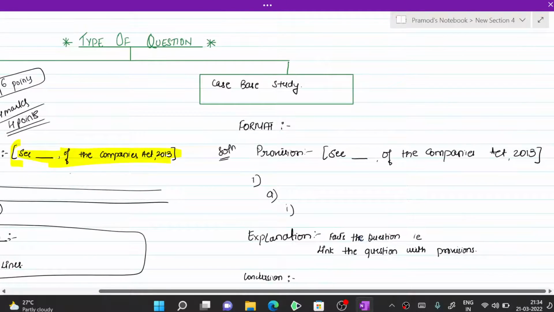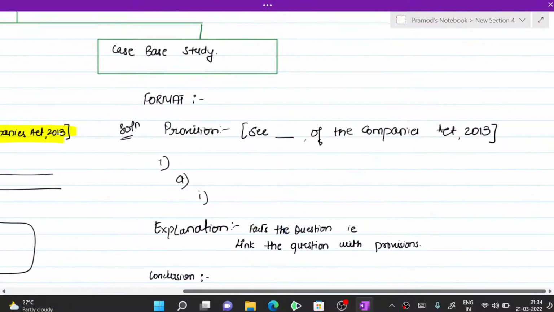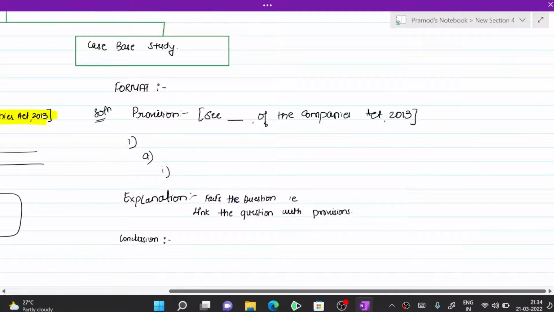The second one is the most explanatory part. For example, a case based study, in which they will give one situation. For this situation, there are some provisions, और वो provisions को हम अप्लाई करते हुए अपने को कंक्लूजन निकालना है, राइट?